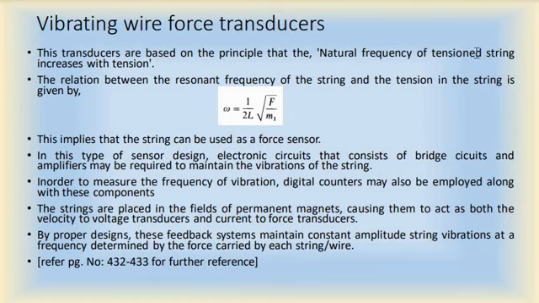Now, when that string is vibrating, the relation between the resonant frequency of the string and the tension in the string is given by this formula, where omega is the frequency, L is the length of the string, F is the tensional force, and M1 is the mass per unit length.